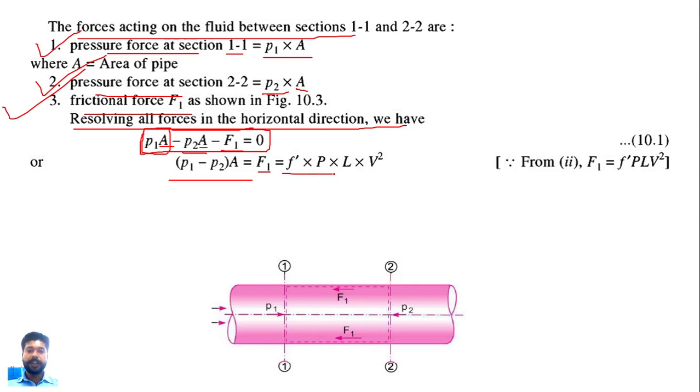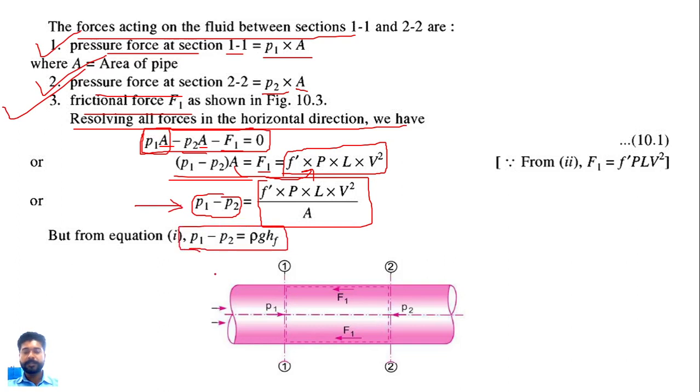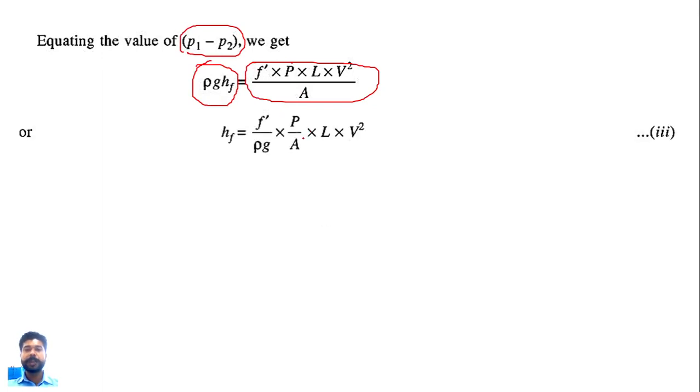So we can write F dash P L V squared in place of F1. Here P1 minus P2, with A divided into the whole term, gives this. But we know that P1 minus P2, the drop of pressure, is rho g hf. Putting the value of P1 minus P2 as rho g hf, we get F dash P into L into V squared divided by A.